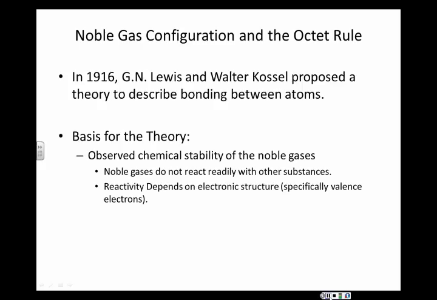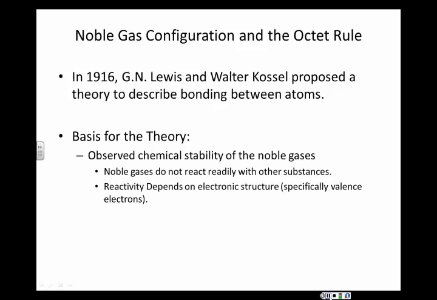specifically valence electrons. It was also known that things in science, in chemistry, physics, whatever, always go from high energy to low energy. So if something is at the lowest possible energy, then it doesn't do anything. Balls don't roll uphill because downhill is lower energy.